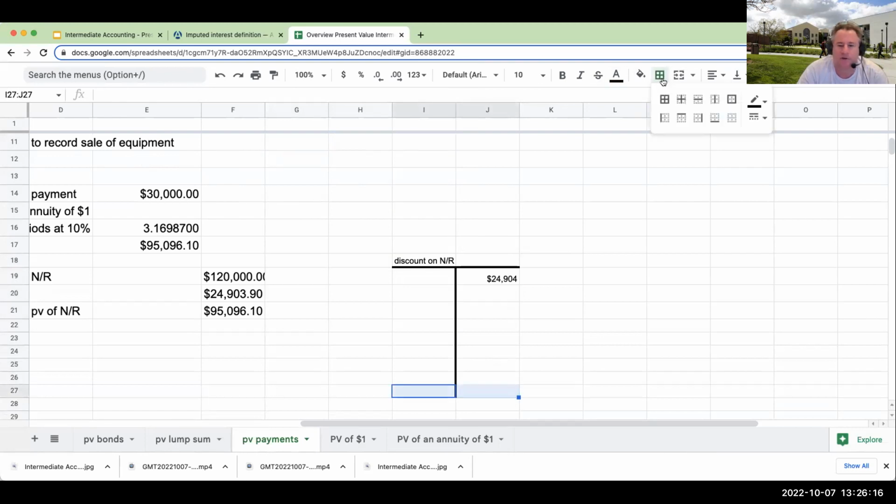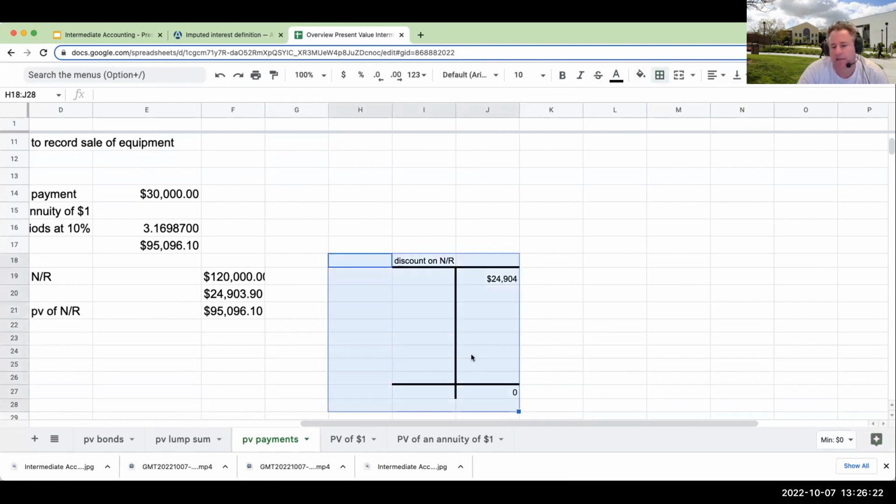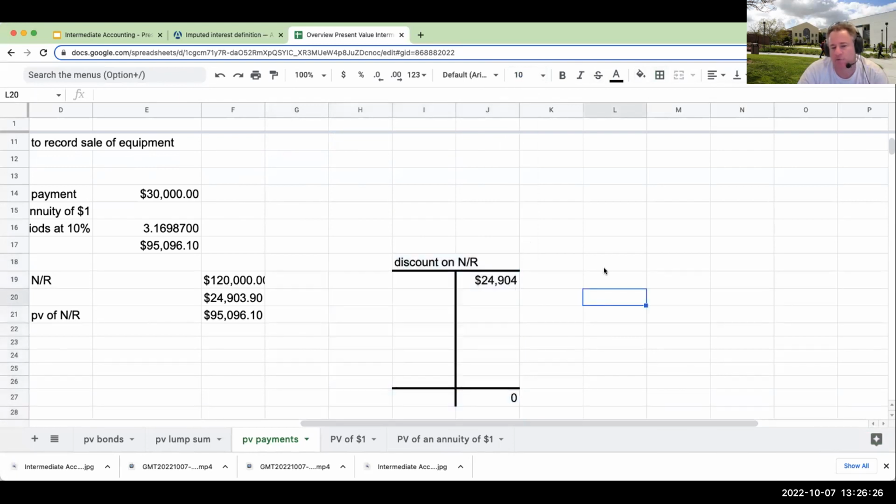By the end of the note's term, this has to have a balance of 0. So I need to recognize this over here to interest revenue. And if we look at the note receivable, what does that look like?